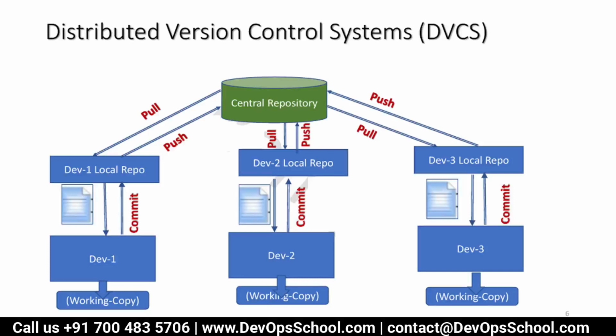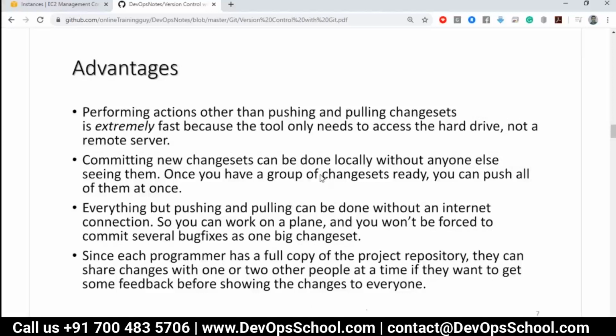So what is the advantage of this distributed version control system? Performing action other than pushing and pulling change sets is extremely fast because the tool only needs to access the hard drive. So where is the local repository? On your local hard drive. Okay, so that is the advantage. Committing new change sets can be done locally without anyone else seeing them.